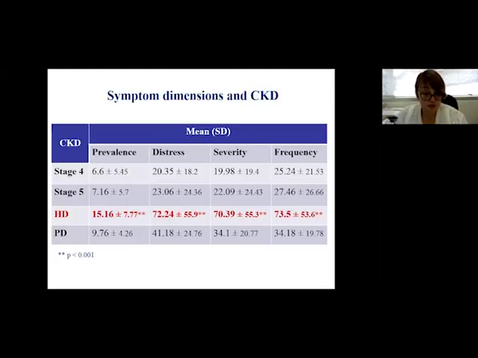Symptoms are so severe, look at the big difference, 19 to 70, and 3 times as frequent. So end-stage kidney disease patients, particularly those receiving hemodialysis, have a much worse symptom burden. And these are the ones who tend to have a worse symptom burden than terminal cancer patients.